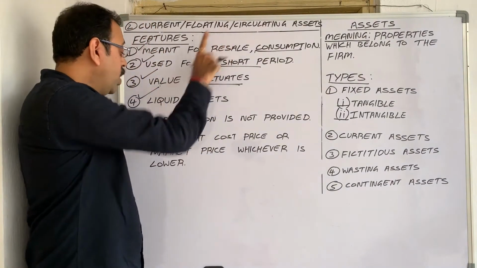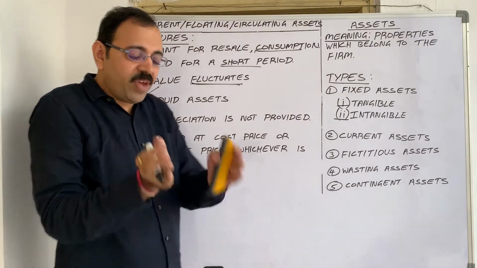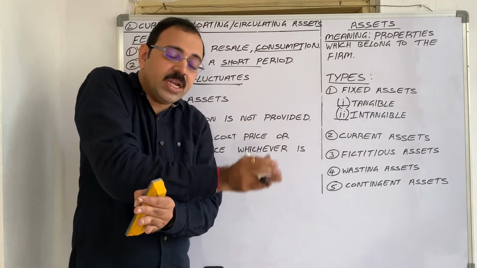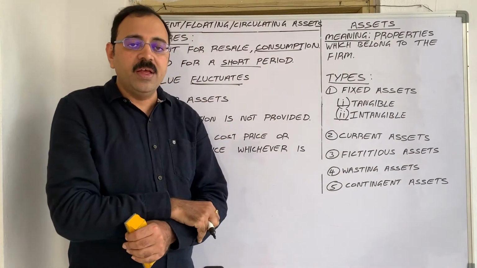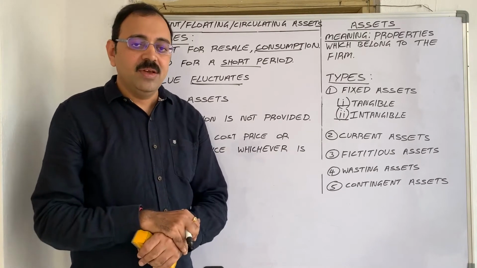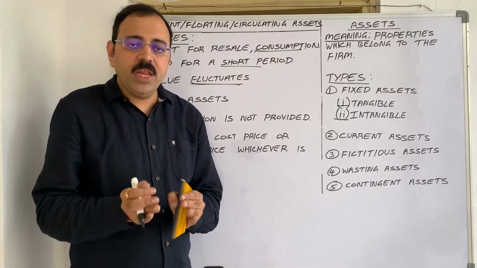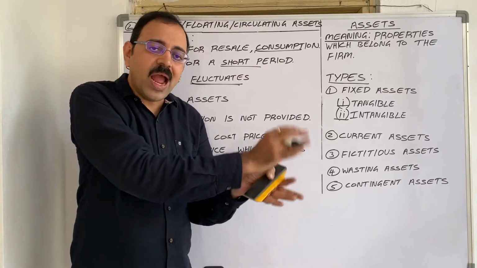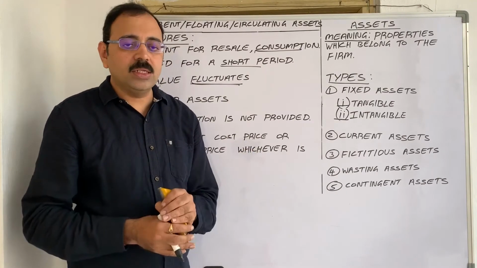Current assets are known as liquid assets. Liquidity means what? If any asset can be converted into cash within a short period, then we can say that asset is a liquid asset. For example, we have goods with us. Within a short period, we sell these goods and we will make money. Another example is debtors.